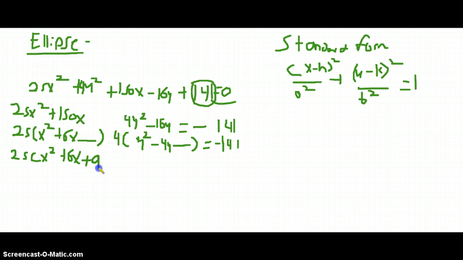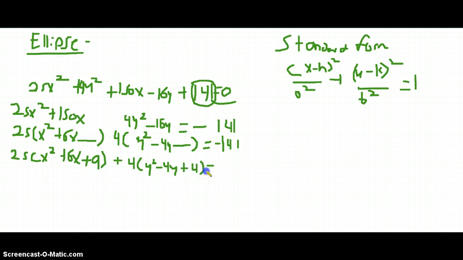And then over here I have 4 parentheses y squared minus 4y. Now negative 4 divided by 2 is negative 2, so the square of negative 2 is 4. So plus 4.